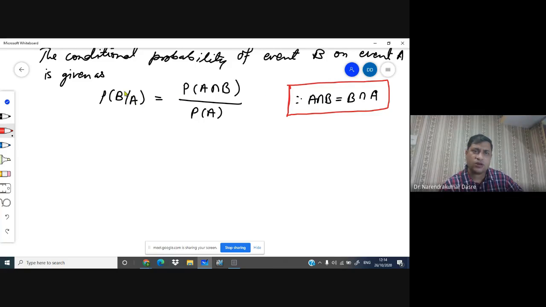If these are not independent events, this is how we calculate the probability.